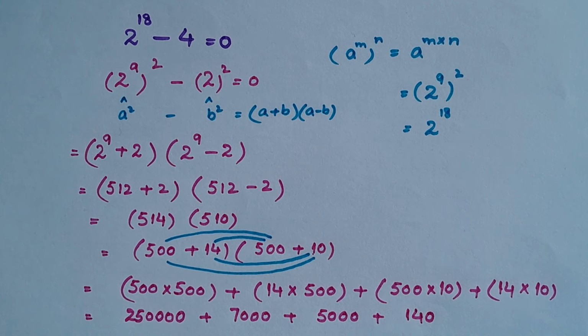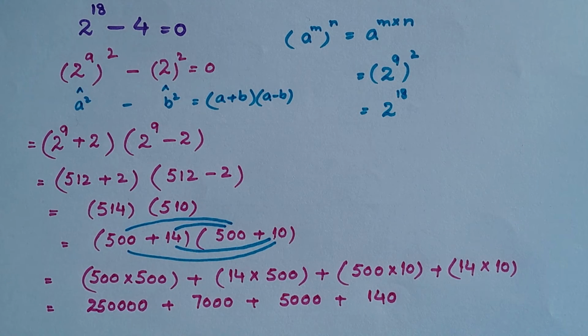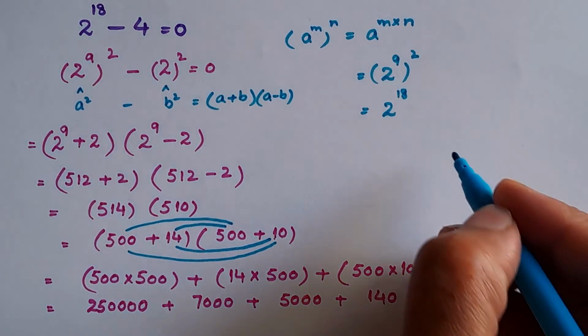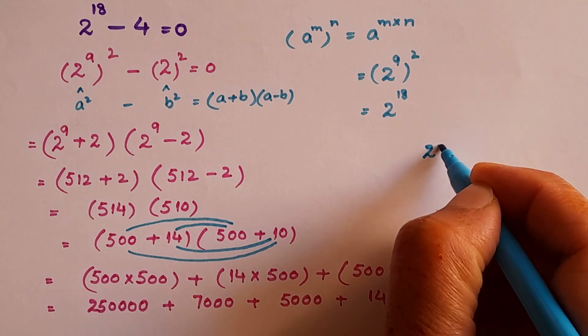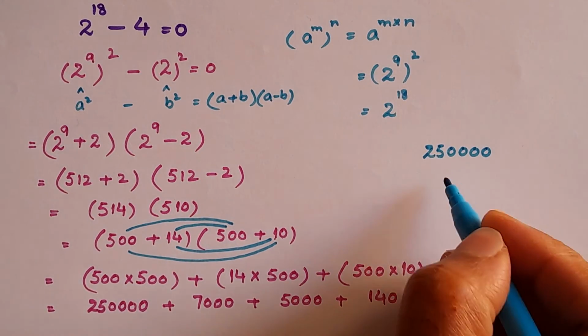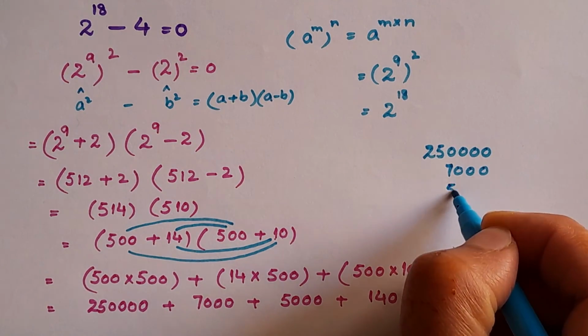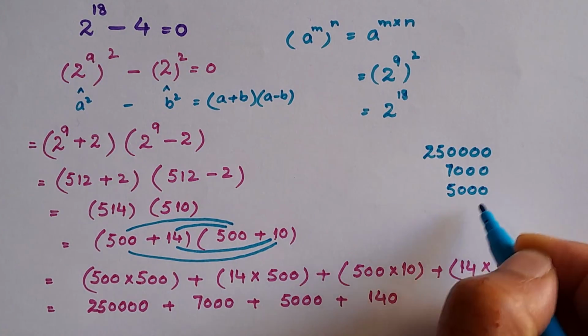Now the next step is to add all these numbers. Let's add 2,50,000 plus 7,000 plus 5,000 plus 140.